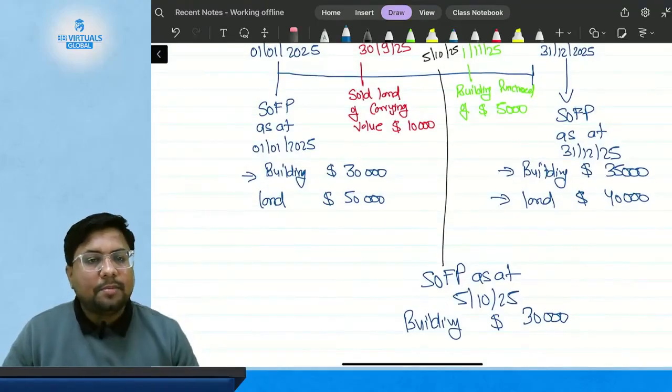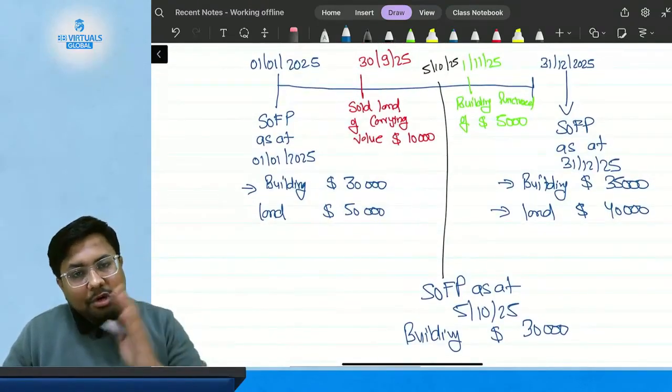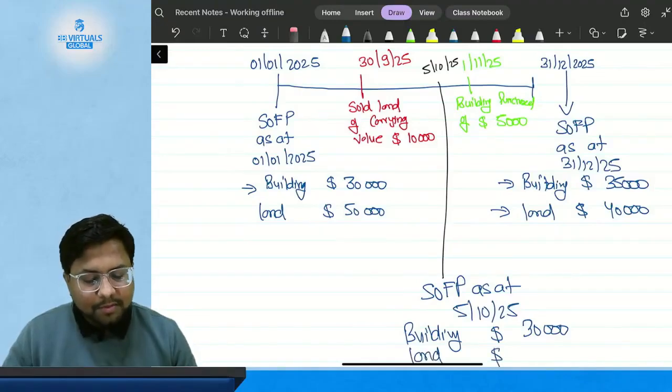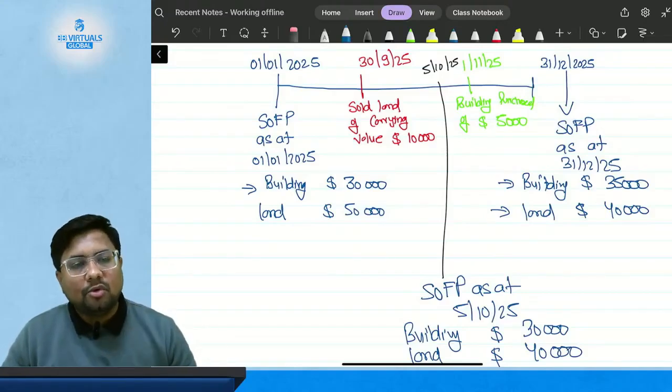So I have not yet purchased the building, but I have already sold my land. So the value of my land in my books will be $40,000.